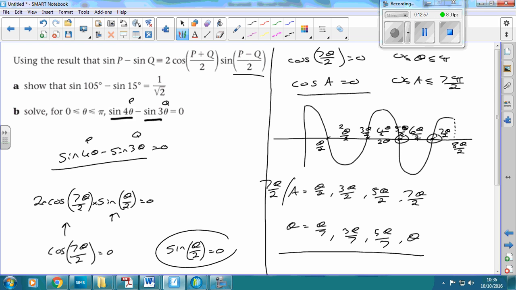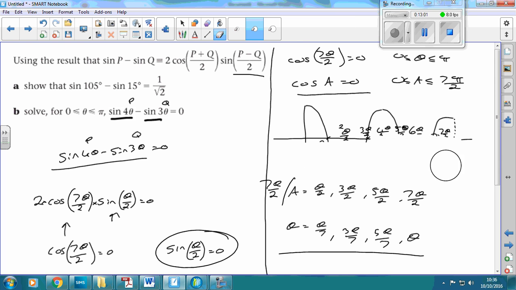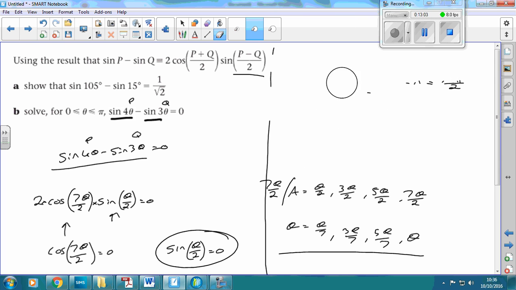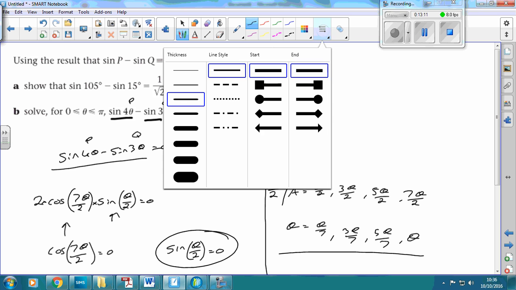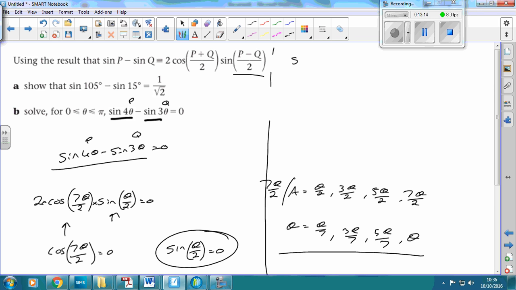Then we've got to solve this one. So in exactly the same way, we're going to solve, try that again. Sine of theta over 2 equals 0.